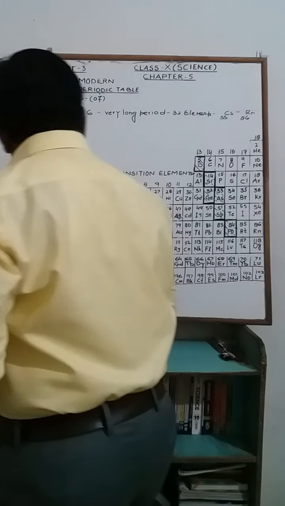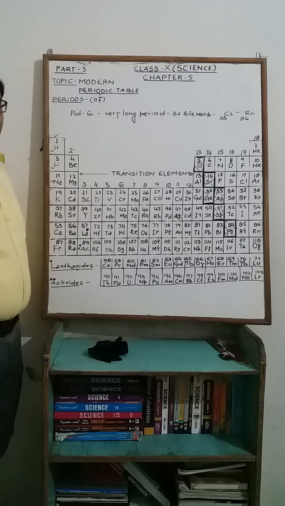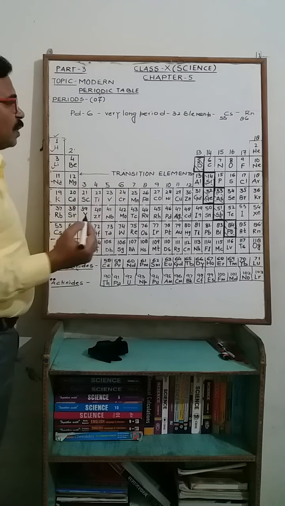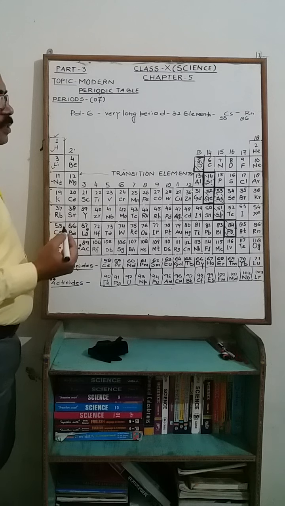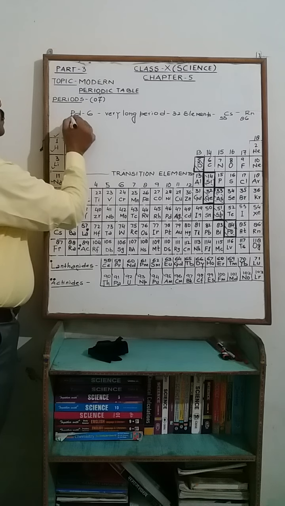So period 6 is known as the very long period because of having 32 elements, starting from atomic number 55 to 86, that is, alkali metal cesium to noble gas radon.